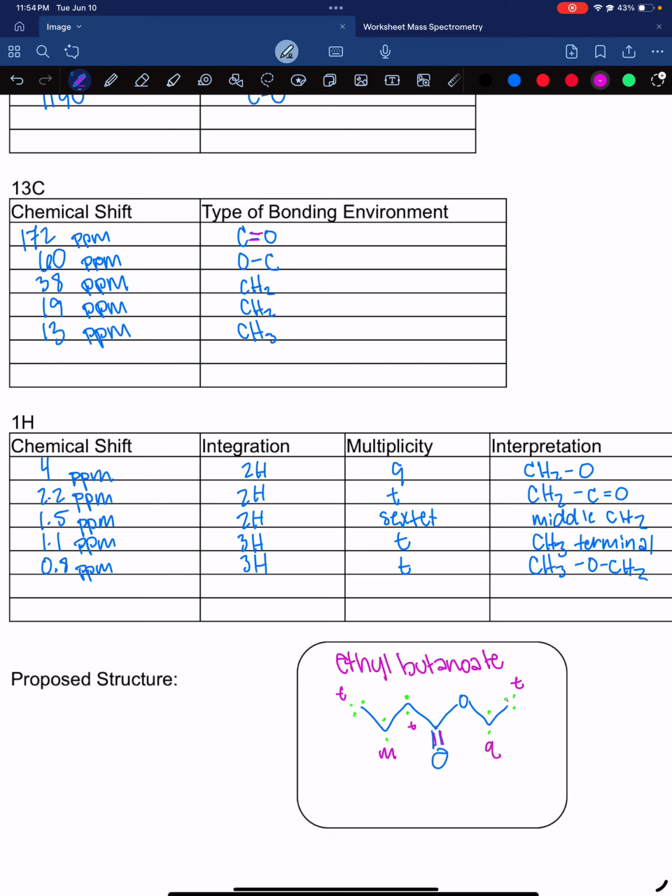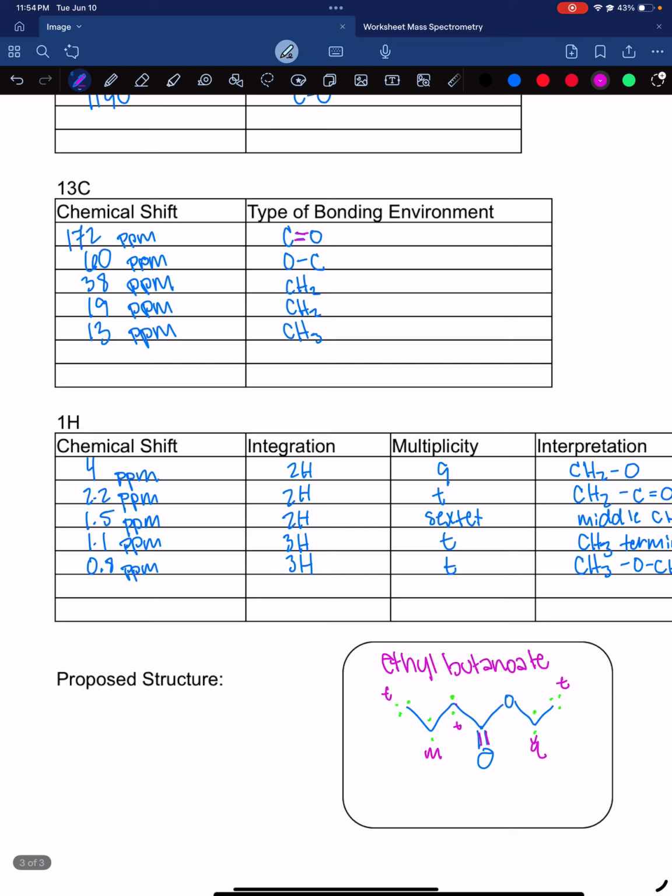I confirmed that the CH3 on the end here is a triplet because we have 2 hydrogens here. N plus 1 is 3. That's my triplet. We have a quartet for these hydrogens here, because I have 3 hydrogens. N plus 1 is 4. That's a quartet. Over here, we have a triplet because of the hydrogens here. There are no hydrogens here because this carbon has 4 bonds already, so that would be a triplet.